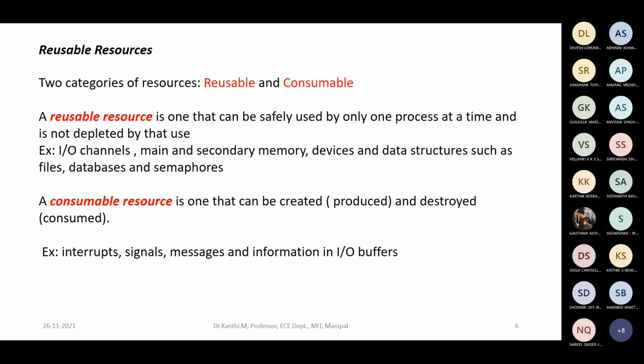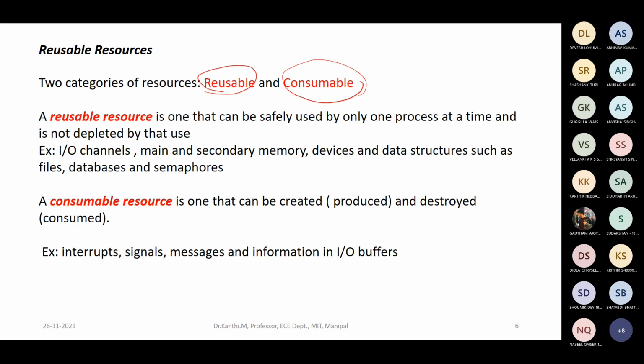So now there are certain types of resources which we use in the system. There are two categories. You can call it reusable resources and consumable resources.